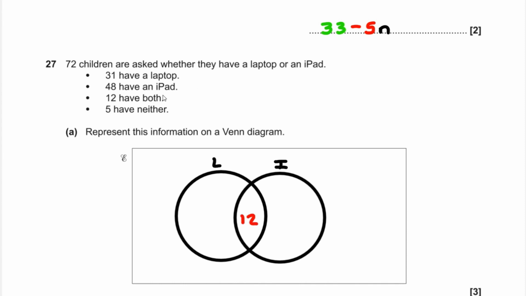And if 31 have a laptop altogether, 31 subtract 12, that's equal to 19. So 19 plus 12 gives the 31 in total for a laptop. If 48 have an iPad, that means 48 subtract 12 is 36. So 36 have an iPad only, so 12 plus 36 gives the 48. And then we have the 5 who have neither. Here is the completed Venn diagram.